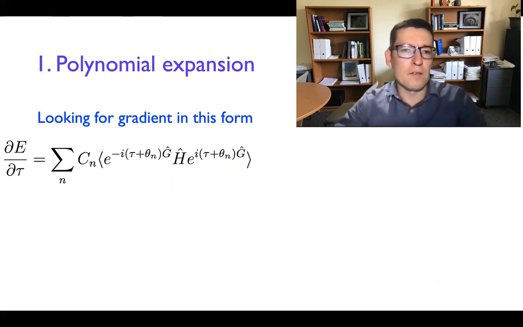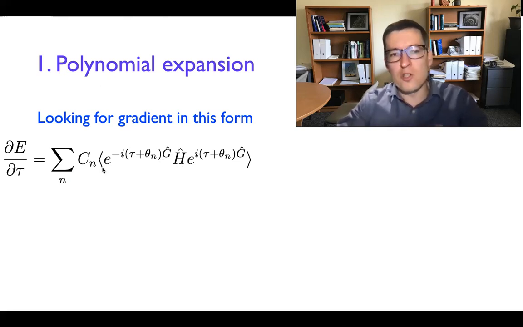And here, the idea is relatively simple. We look for the gradient with respect to tau as a linear combination where naturally we're just trying to expand on the shift rule idea, where we are adding certain shifts, theta_n, and we are adding the expectation values with some coefficients C_n.